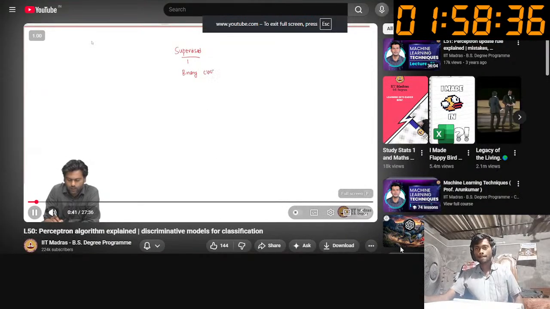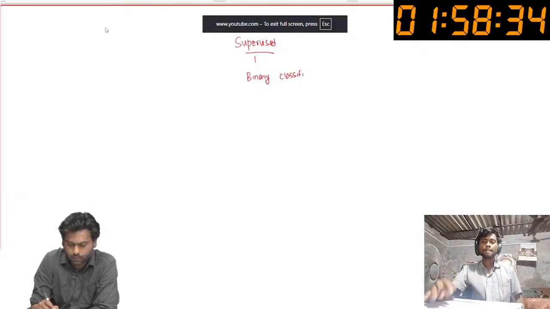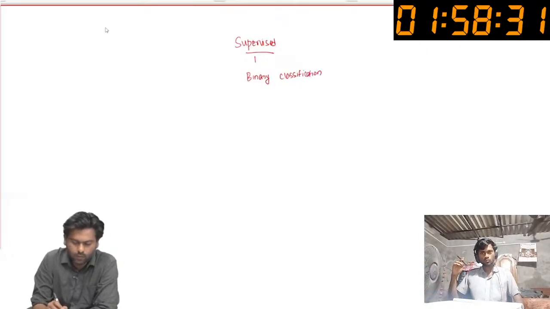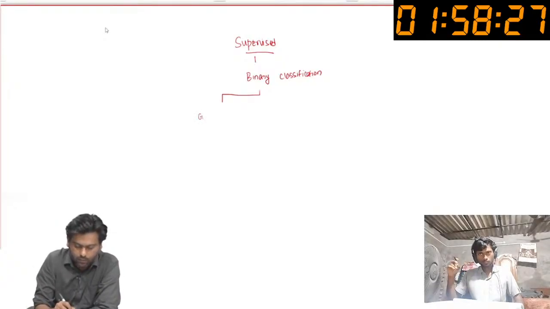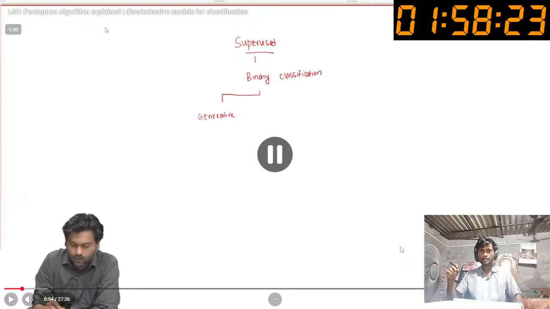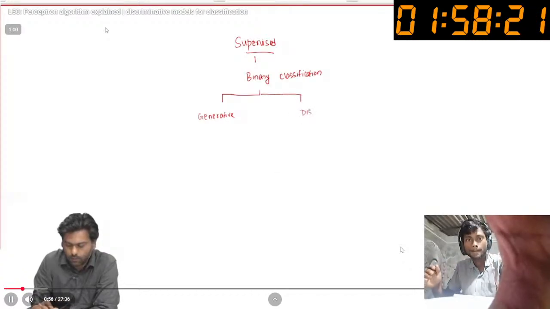And under binary classification, we said that there are two different broad ways of modeling the binary classification problem. One is the generative model and the other is the discriminative model.